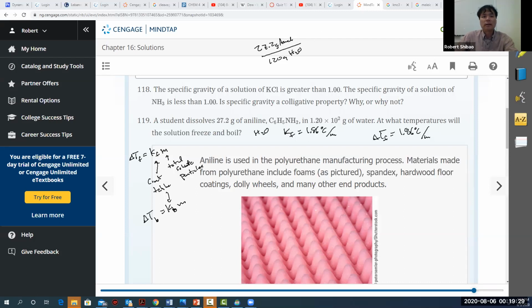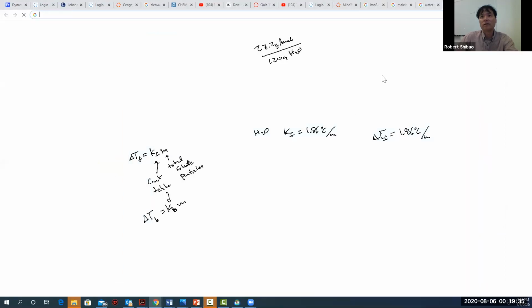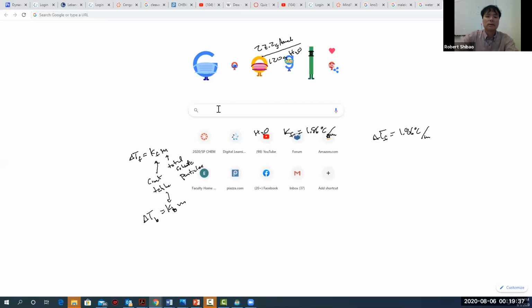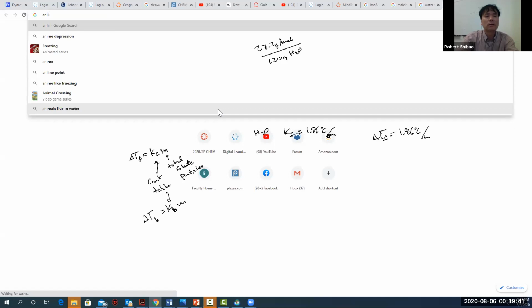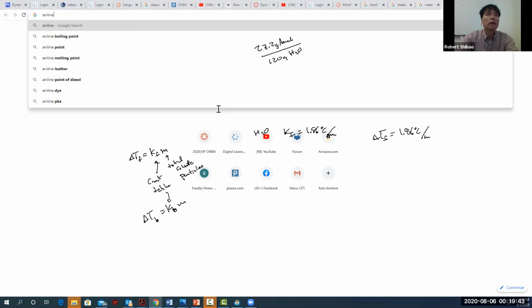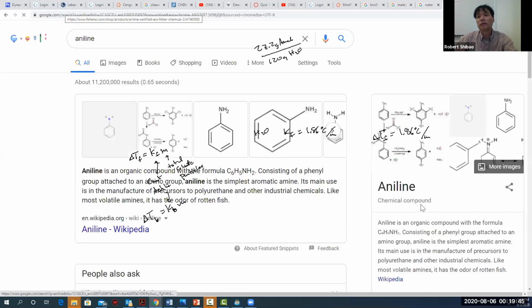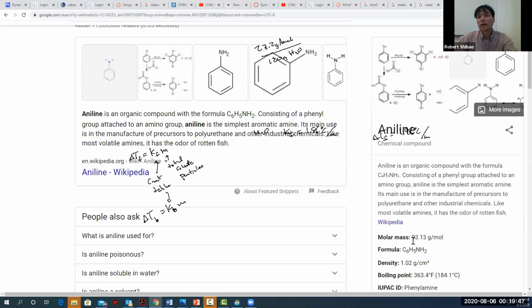For aniline, I don't want to calculate the molar mass, although it's not that hard a calculation, but I'm going to try to save some time here. Of course, if you don't know how to calculate these quickly, then you should get more practice.